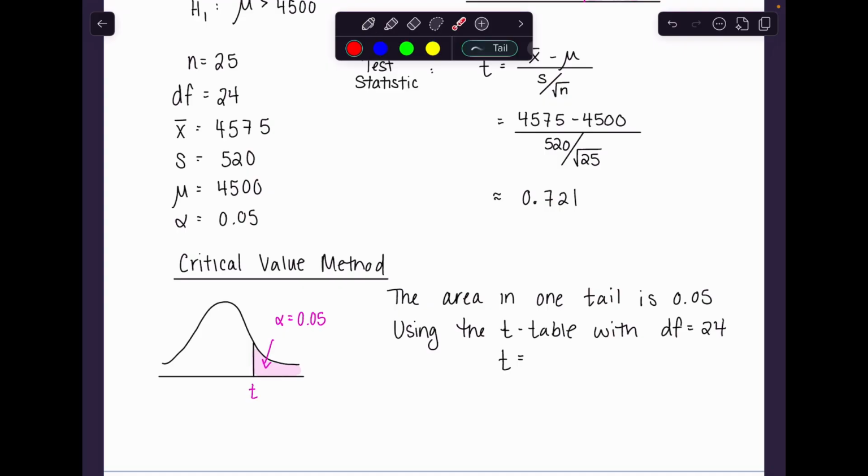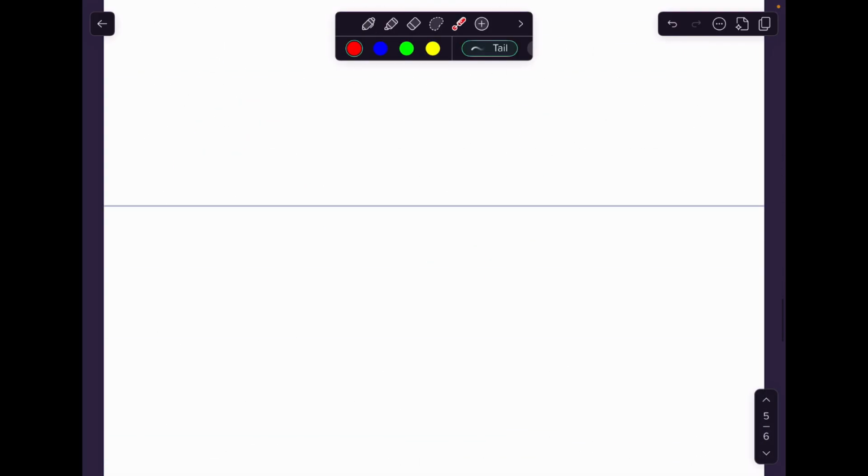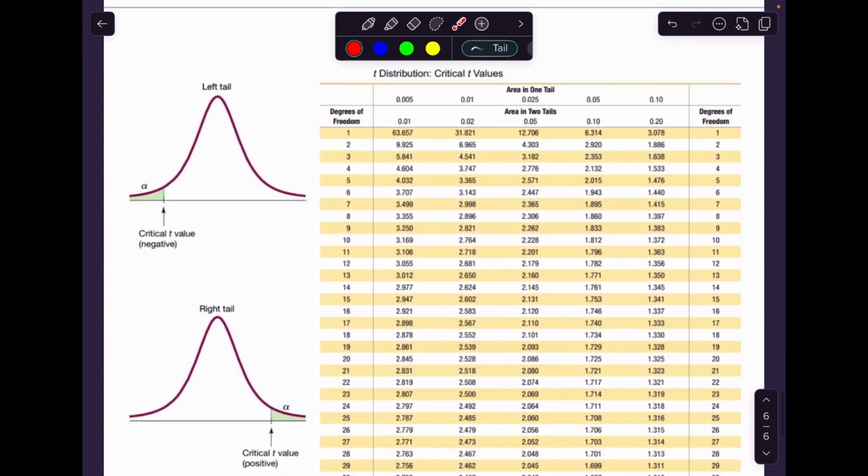So I need to go down to the bottom again. We're looking at the area in one tail being 5%. So that's going to be everything in this column. And I want my degrees of freedom to be 24. So I need to go all the way down to where degrees of freedom is 24. So my critical T value is 1.711.